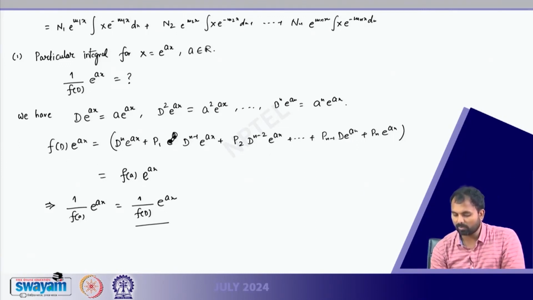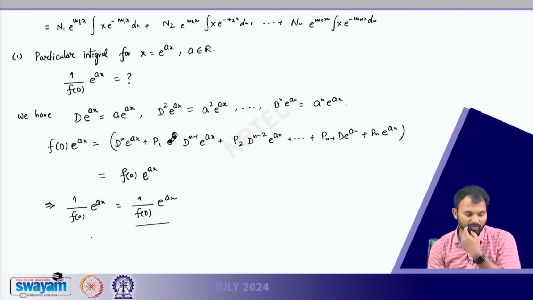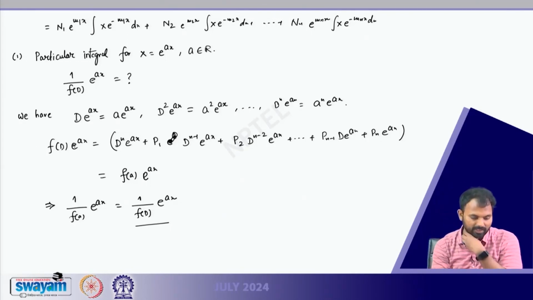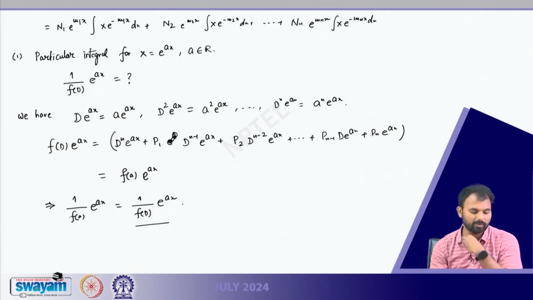We just did the cross multiplication, but what we can actually do is operate with 1 by F(D) on both sides. So, 1 by F(D) is like an operator. If you operate 1 by F(D) on both sides, then this will become e to the power a x on the left hand side, and on the right hand side we will have F(a) times 1 by F(D) of e to the power a x. Therefore, 1 by F(a) will come on this side, and you will have 1 by F(D) of e to the power a x.